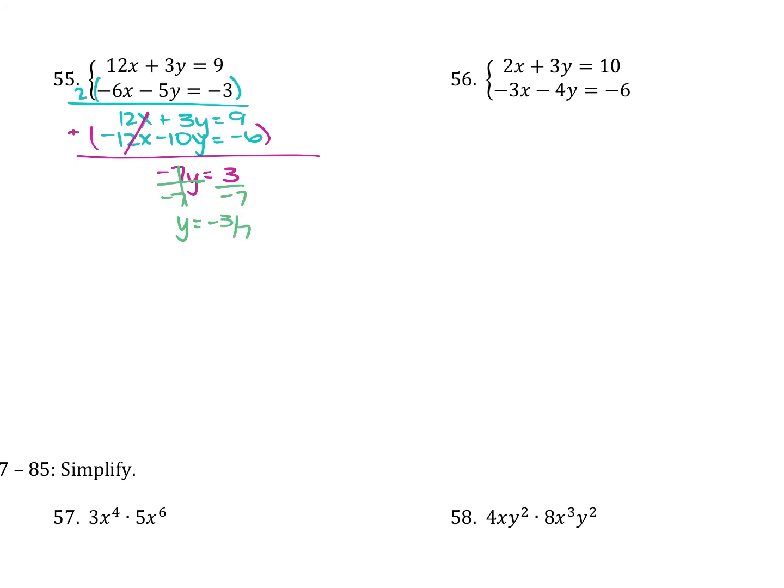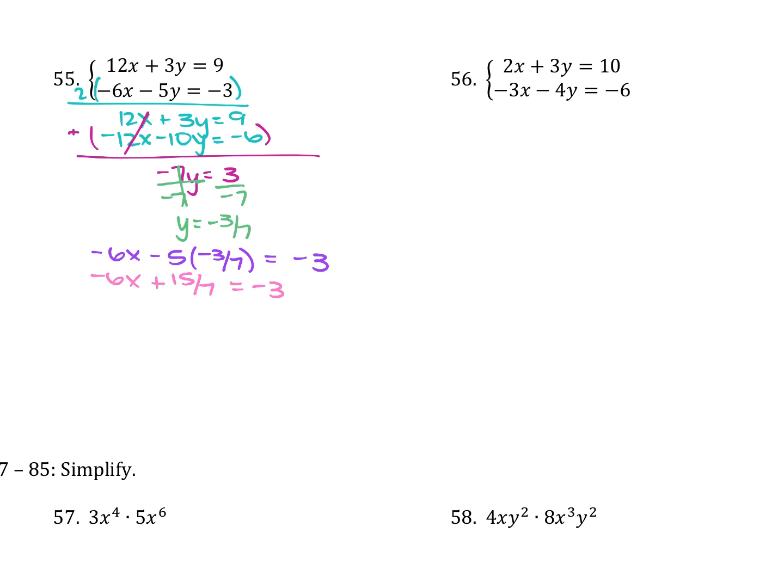Plug this into one of the original equations. Now I'm going to use the bottom one, just because we have smaller numbers. We have negative 6x minus 5 times negative 3 over 7 is equal to negative 3. That negative 5 times negative 3 over 7 gives us negative 6x plus 15 over 7 is equal to negative 3.